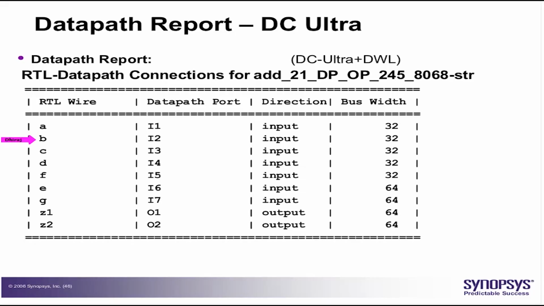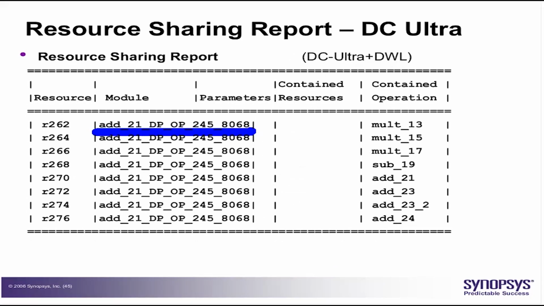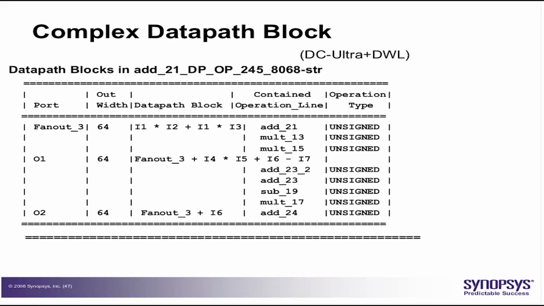A, B, C, D, F, E, G will go to these ports I1, I2, I3 correspondingly, and Z1 and Z2 will be connected to O1 and O2 of this module, the module that DC instantiated. It tells us the bus widths and so on. This module corresponds to this name here, the same name. Now let's see what else it reports.